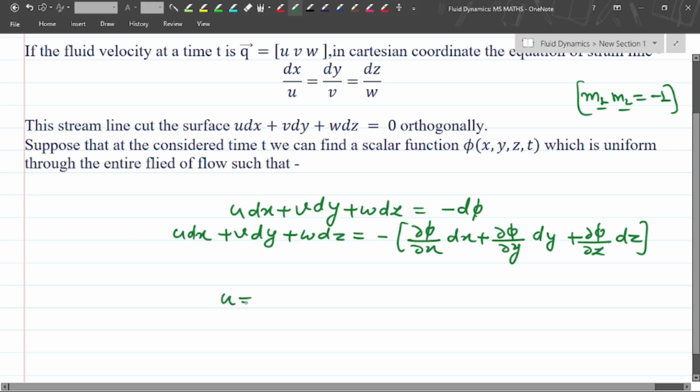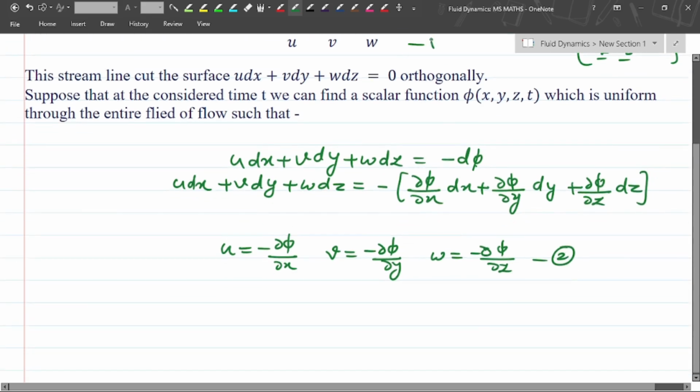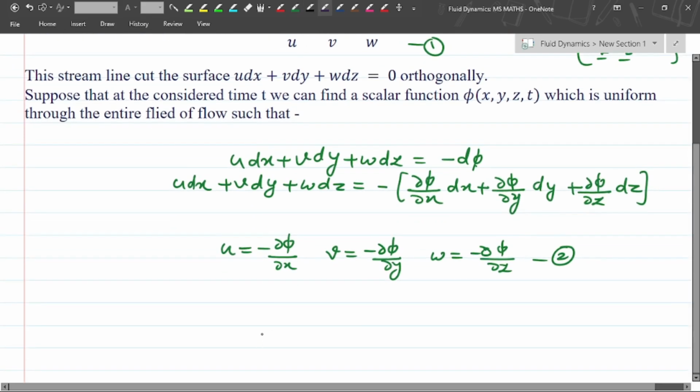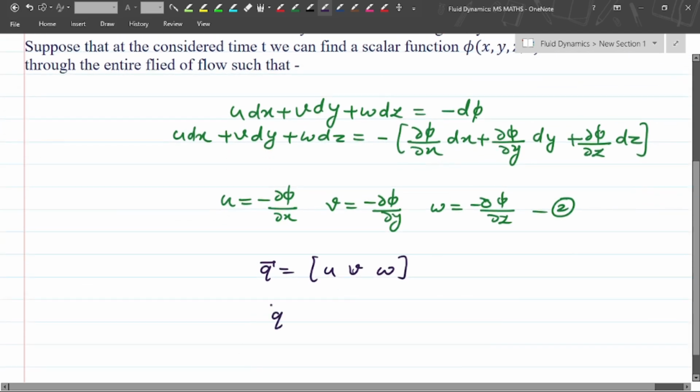Now here u is minus dou phi by dou x, v is minus dou phi by dou y, and w is minus dou phi by dou z. So this is equation number 1, the equation of streamline. Next, we know that the q vector has components u, v, and w, so q vector is equal to minus del phi.